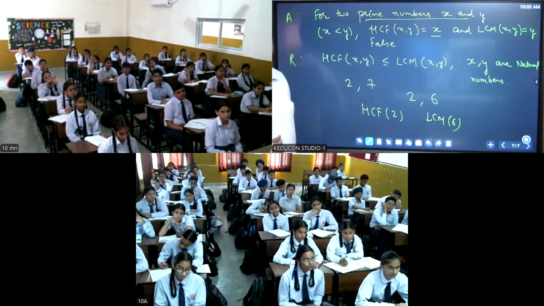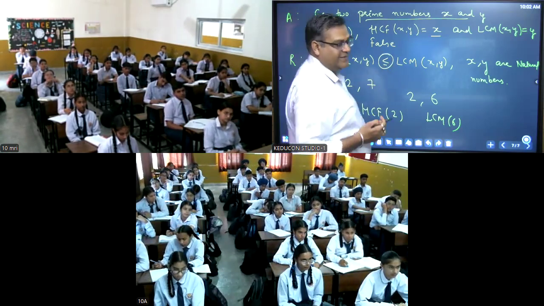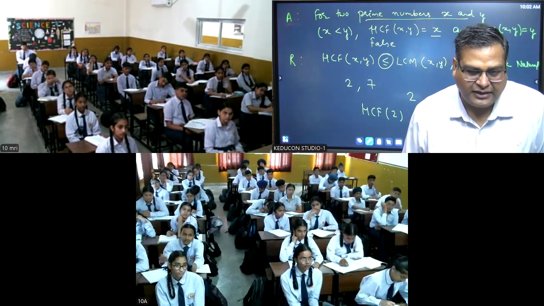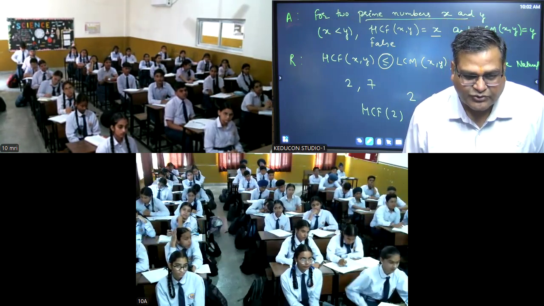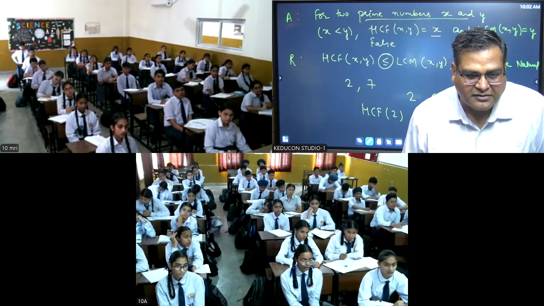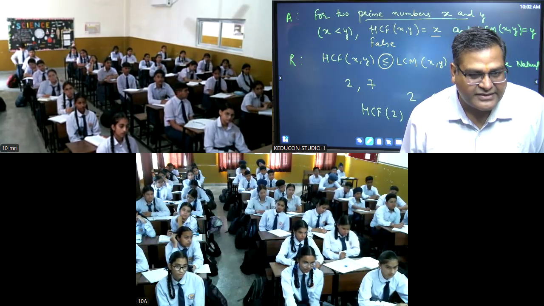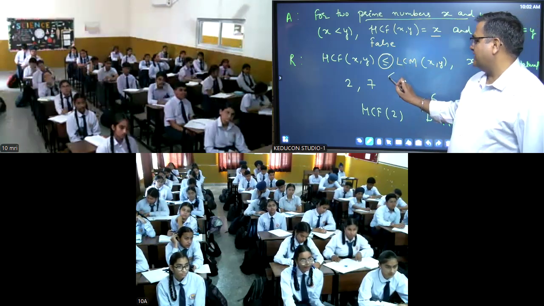Can it be equal? It will always be less than. It can be equal if and only if both the numbers are the same. So in this case, both are false. Is this clear?